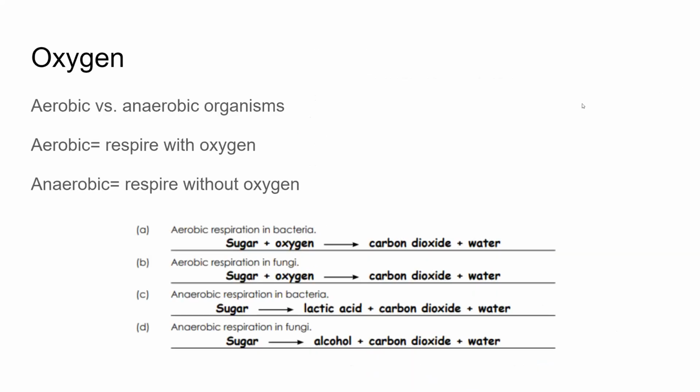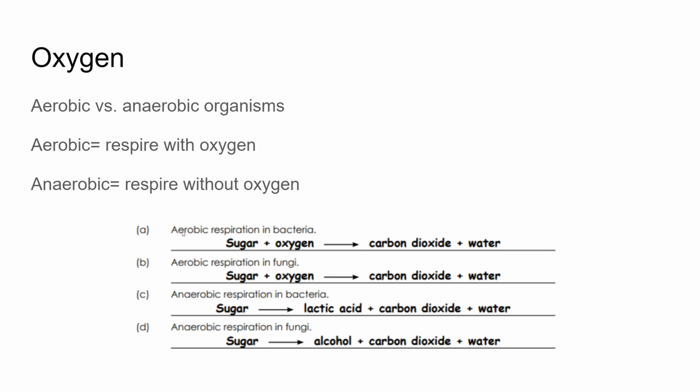The next being oxygen. So we know that there's aerobic and anaerobic organisms. Some organisms live in different environments, and that can actually really affect their respiration rates or their life processes.